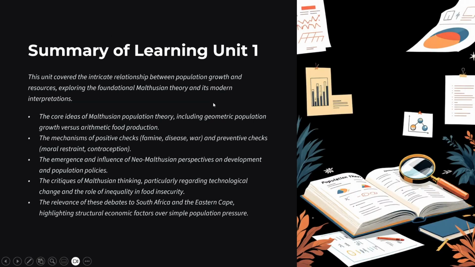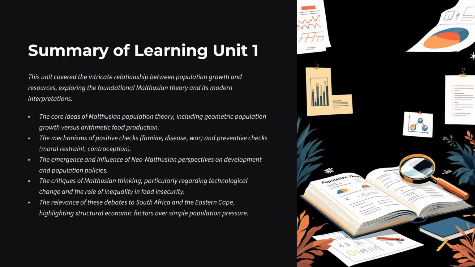So to summarize this learning unit, we covered the intricate, difficult relationship between population growth and resources. We explored the foundational Malthusian theory and its modern interpretations, which is the most important thing, and the core ideas of Malthusian population theory, including the geometric population growth versus arithmetic food production, how to deal with population growth.